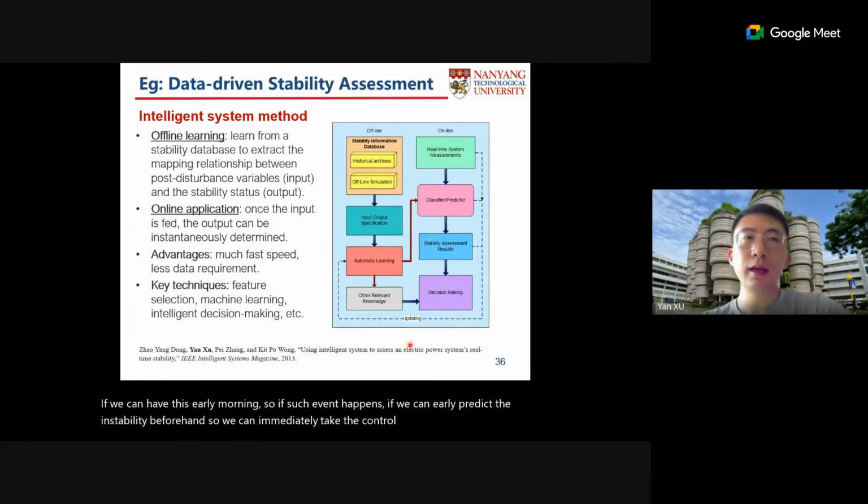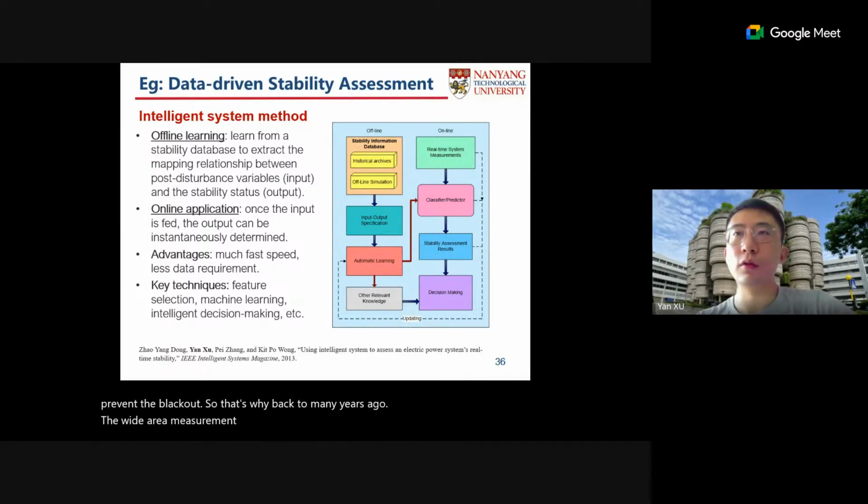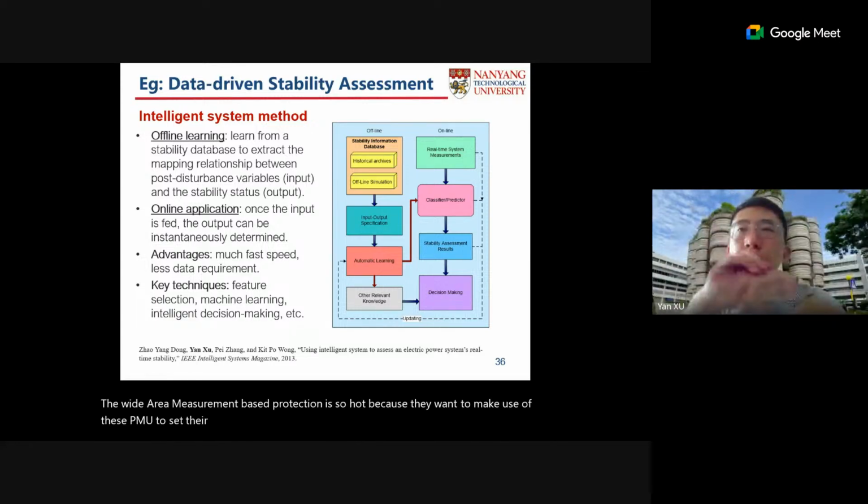We can immediately trigger the generator. We can shed the load. We can even separate the system so as to prevent the blackout. That's why, many years ago, wide area measurement-based protection was so hot, because they wanted to make use of PMU to set their protections and to do their system controls.